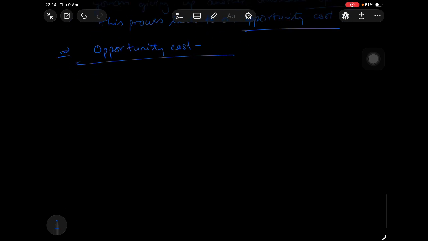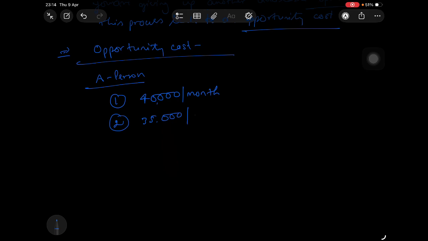Now what is the opportunity cost? For example, let's say person A has two options. Option one is that person A can earn 40,000 per month, and second option is that he can earn 35,000 per month.